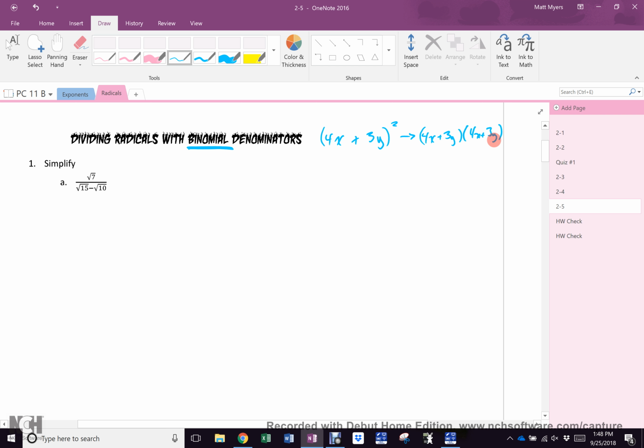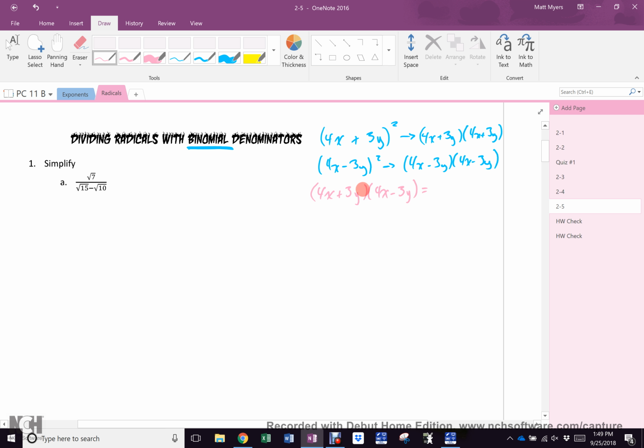Everybody cool? Okay. What happens if I do 4x minus 3y and square that? Then what happens? Anything different? No. I get 4x minus 3y times 4x minus 3y. But something weird happens if I do 4x plus 3y times 4x minus 3y.